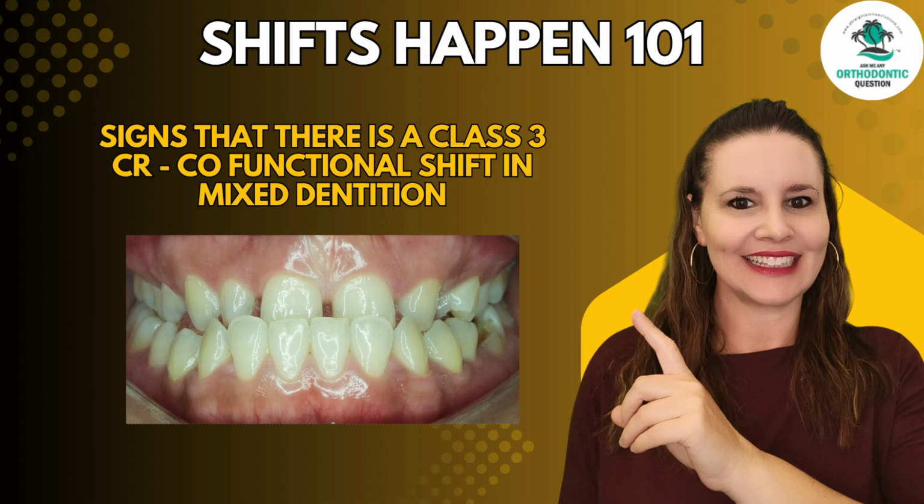Most likely, if I had to guess, this patient has some peg laterals, which doesn't help. Because of the peg laterals, these teeth kind of came backwards. If these teeth were the proper size, they would probably be more forward. This is all my hypothesis. I don't even know this patient. This is just a static image of what my mind is thinking.